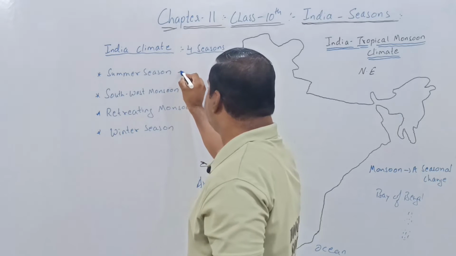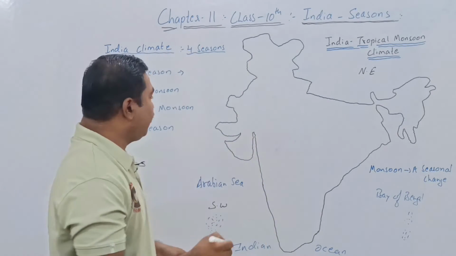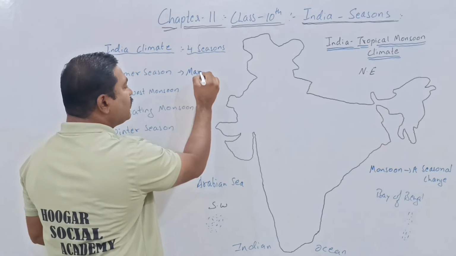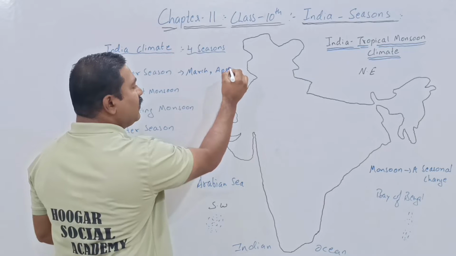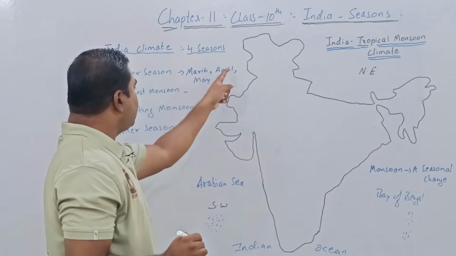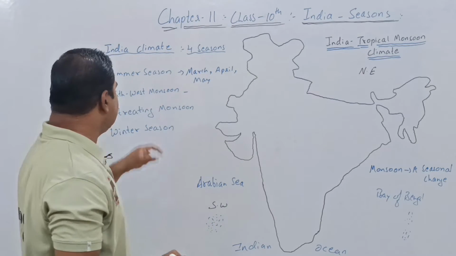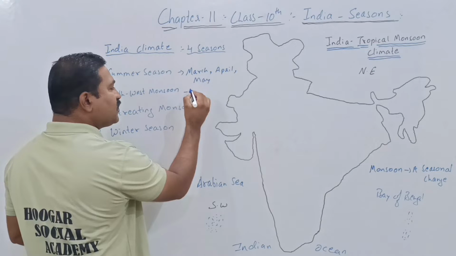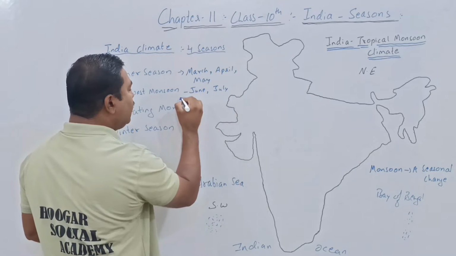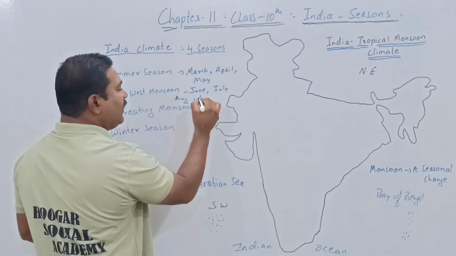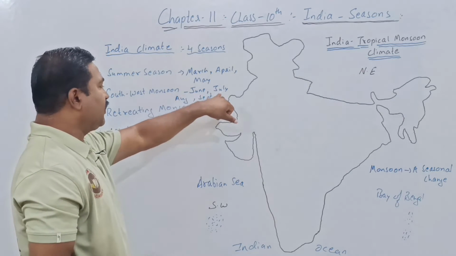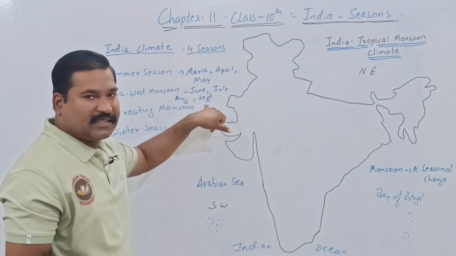So when we talk about the summer season, it begins from March, April and May, 3 months. This is the summer season. When we come to the southwest monsoon, after May, it is June, July, August and September.